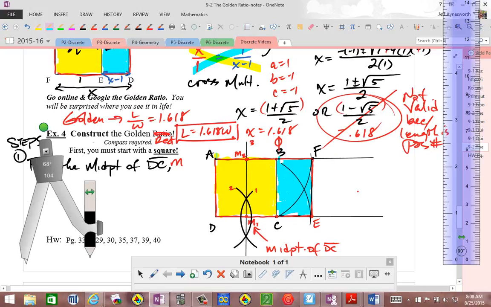And there's obviously a proof for this too. I can prove it for you. I'll do that in class. But that's how you simply construct a golden rectangle, starting with a square. You find the midpoint, then go midpoint to the corner of the square, go down, find the corner point of the rectangle, and you have a golden rectangle. It's pretty simple. You just have to practice.